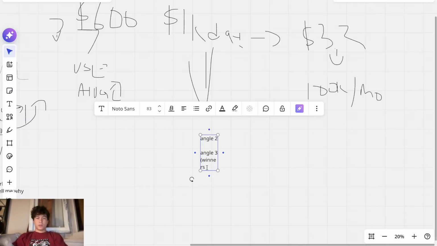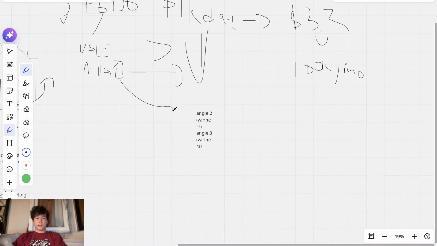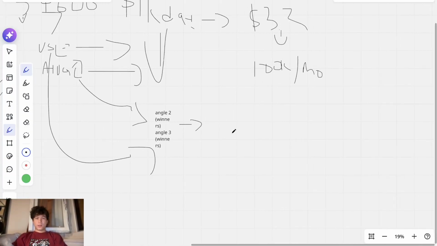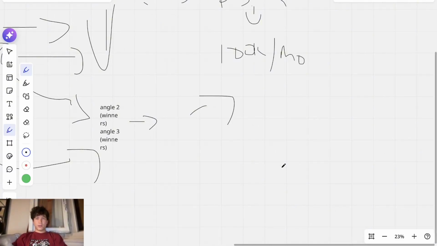We'll find one or two more winning angles, copy the same thing, dump AI into it, dump VSLs into it, and scale the budget, and that should get us to 100K. So that's pretty much where we're at right now.